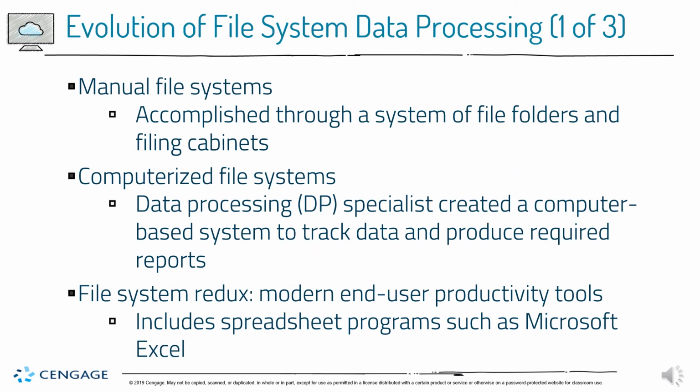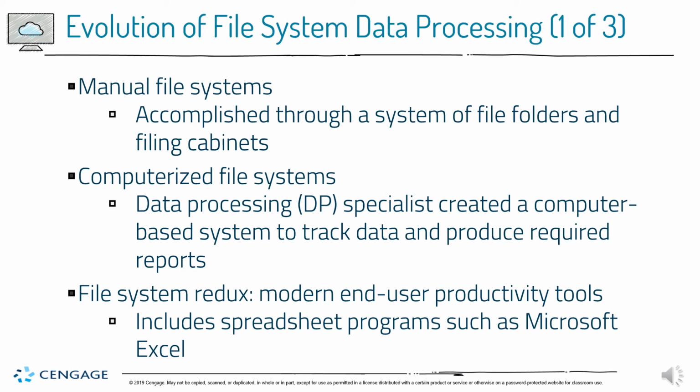A brief explanation of the evolution of file system data processing can be helpful in understanding the data access limitations that databases attempt to overcome. To be successful, an organization must develop systems for handling core business tasks. Manual file systems were managed through a system of file folders and filing cabinets. Generating reports from manual file systems was slow and cumbersome.